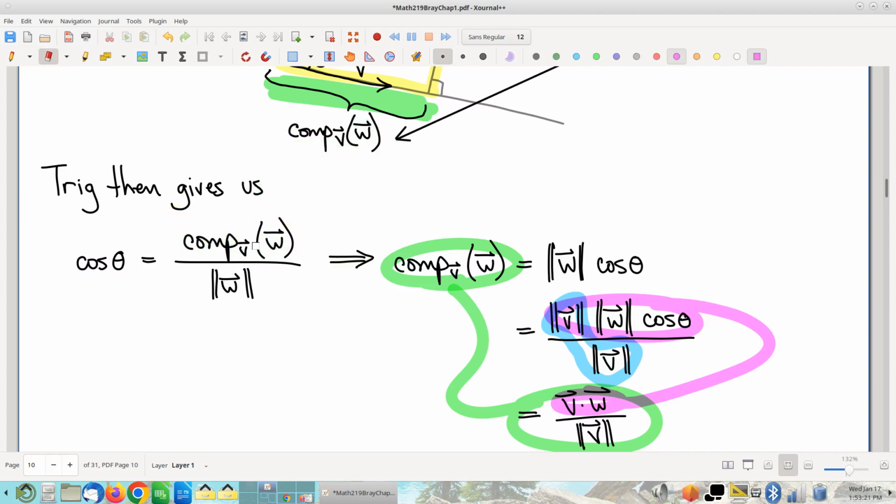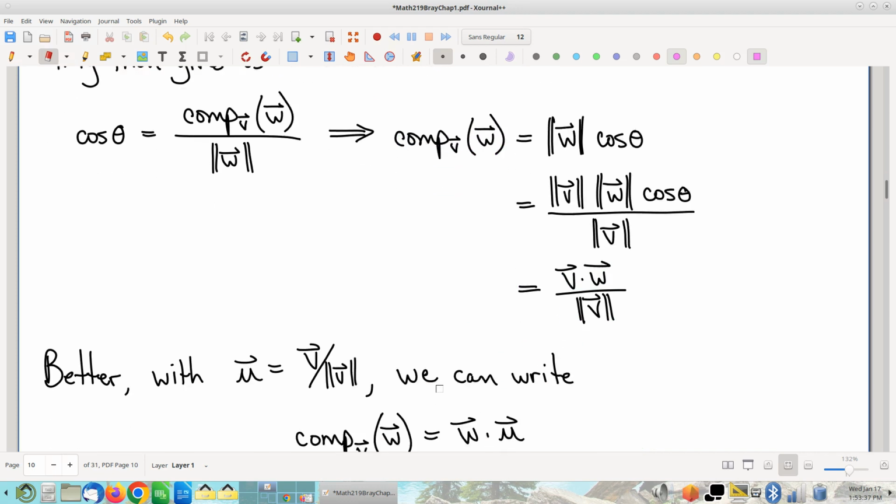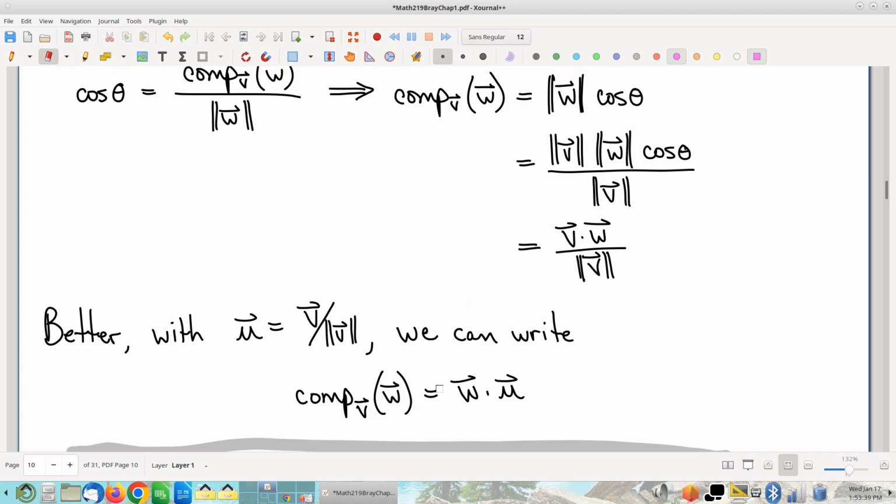So if you want to know the component of one vector in the direction of another, here's a nice little formula to plug and chug into. Okay. Now, here's a twist. Different way to write this formula. Same formula.